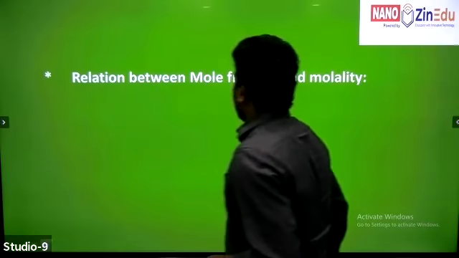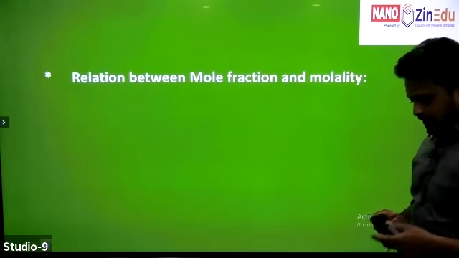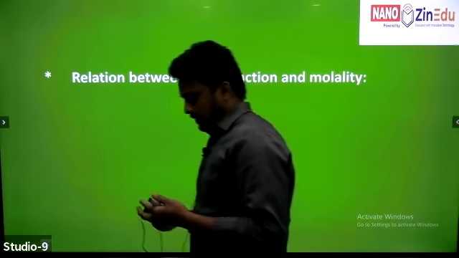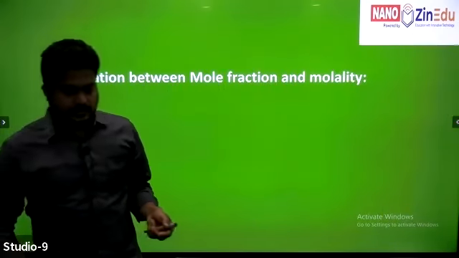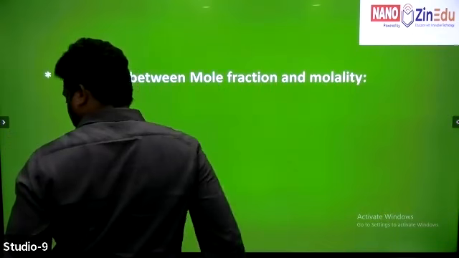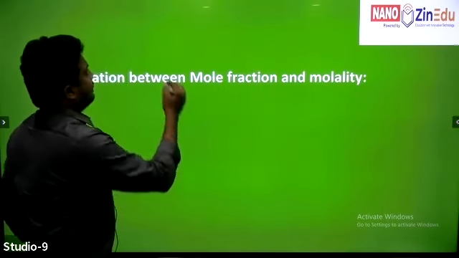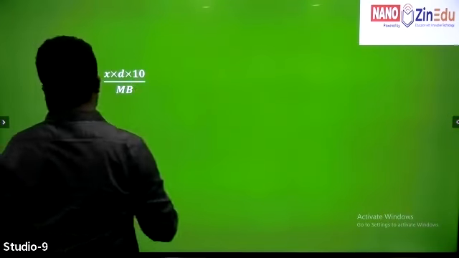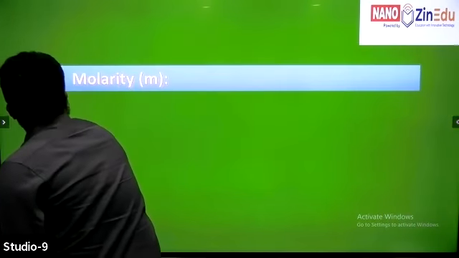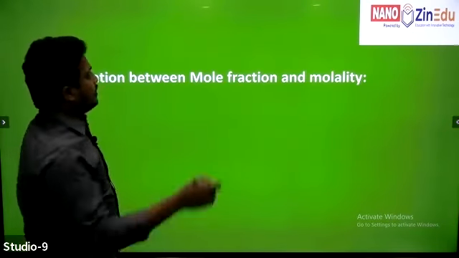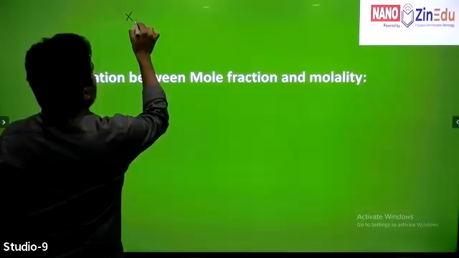Next one. Relationship between mole fraction and molality. See, how can we derive the relationship between mole fraction and molality? Can I write the mole fraction of solute, that is xb?